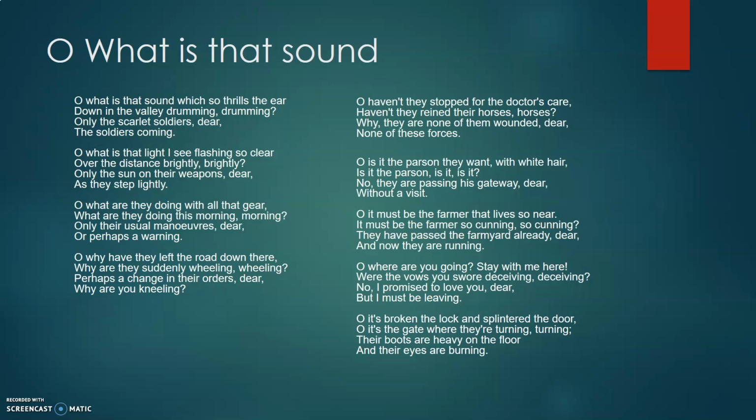And first, we could look at the question and response pattern. In the poem, there's a question and response pattern. So, the question is there in the first 2 lines of every stanza. And it's followed by an answer in the second 2 lines. And so we had said that there is an alternating going on.